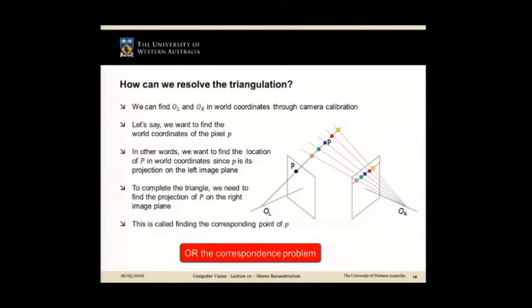Template matching. You extract a template around this image, similar templates here, and match them, right? Other thing, let's say, to solve this correspondence problem, you have this point, you take it as a center, you take a square window around it, let's say a 3 by 3 window, or 5 by 5 window, or 7 by 7 window around this point.